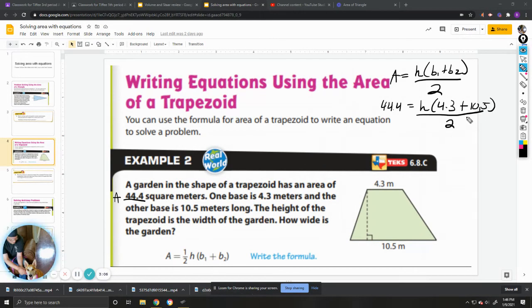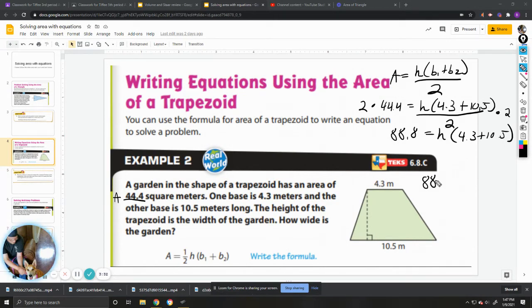We're going to get rid of dividing by 2 by multiplying 2 to the right and 2 to the left. So you're going to do 44.4 times 2, which is 88.8. Now you have 4.3 plus 10.5, which is 14.8.